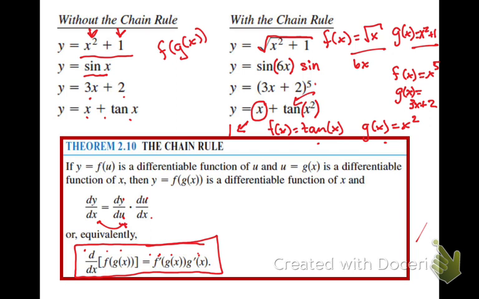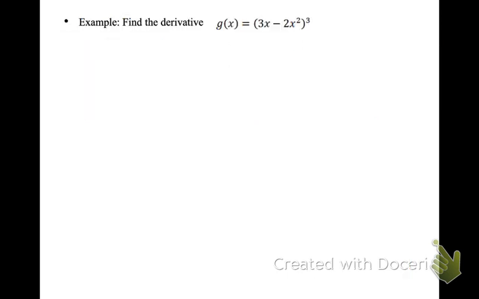Everyone got it written down? Okay, so what is the outside function? What's f? X cubed. And what's g? 3x minus 2x squared.